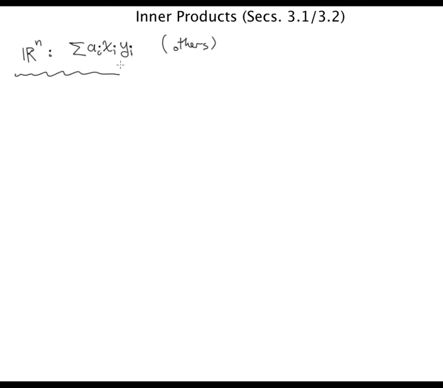But now let's talk a little more abstractly. Here's sort of one of the motivating examples of a norm. What you do is you consider the interval 0 to 1, and you let the vector space be the set of continuous functions on this interval.